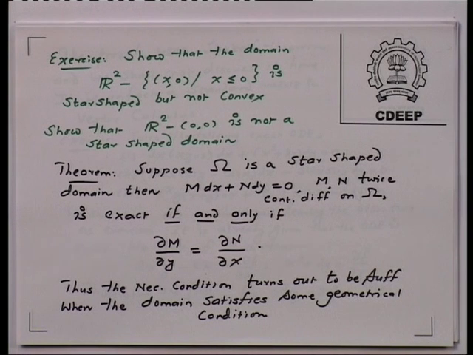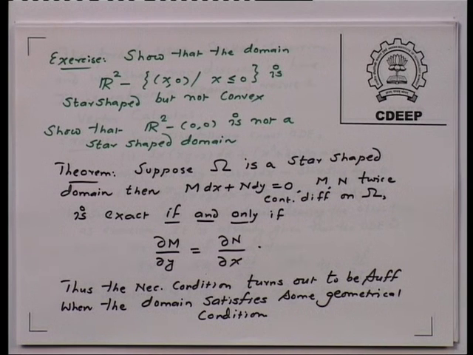So, convex is okay, but convex is too strong. Star shaped is fairly nice. There is an exercise which shows that the plane minus the negative real axis is star shaped but not convex. The plane minus a point is not star shaped.